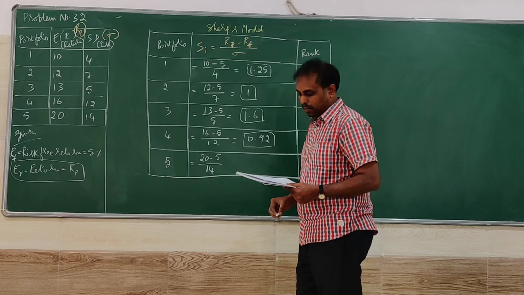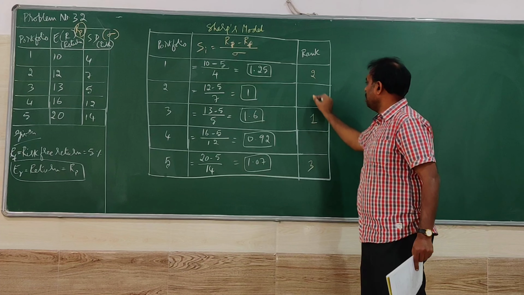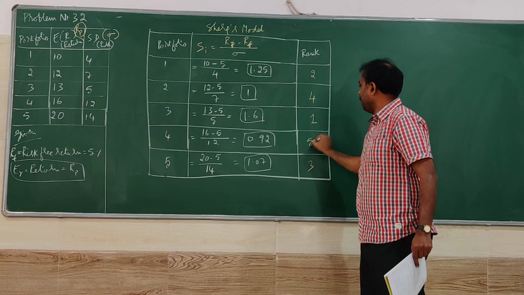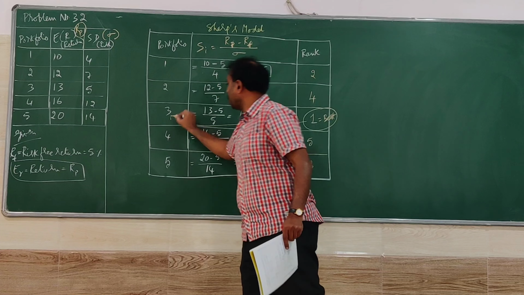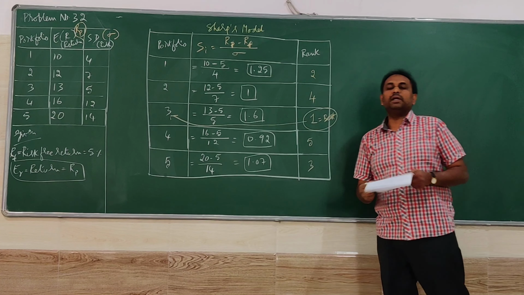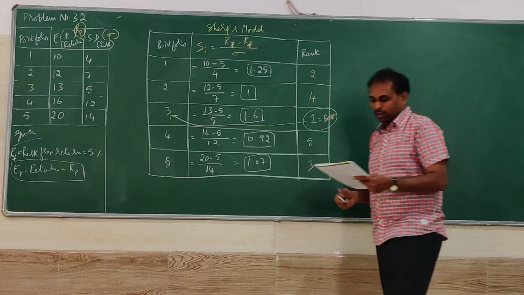So if you look at here, we have got the values. We can find out as per the question which is the best one. So ranking wise, the highest value is 1.6, so we can rank as 1, then 2, 3, 4, 5. So I can call this as the best. The best is connected to portfolio 3. So that is the first question they asked for.